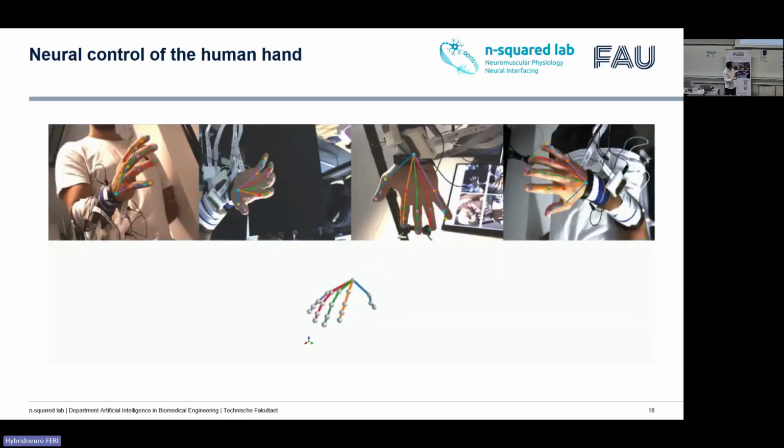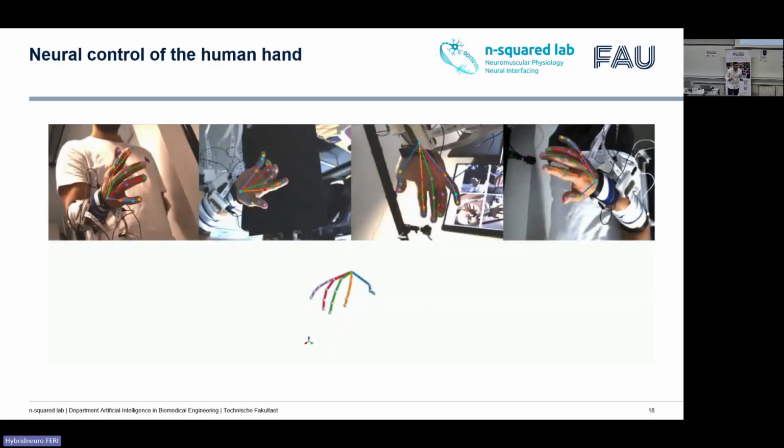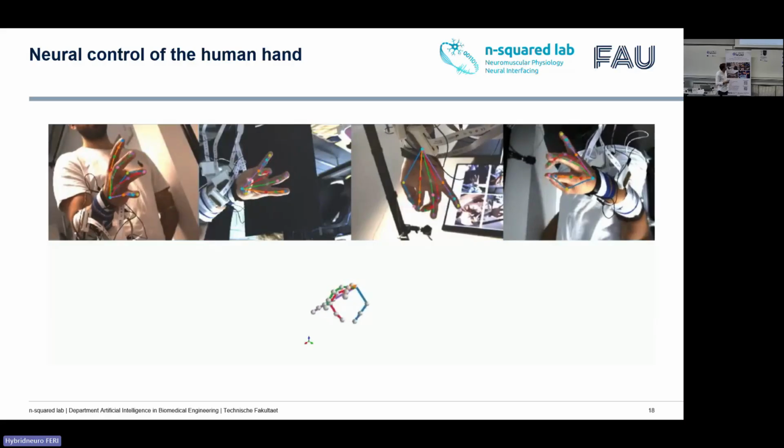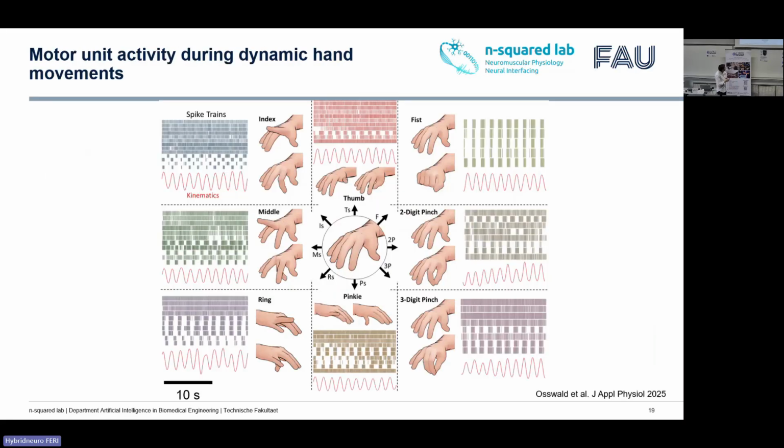And we basically recorded all possible tasks that the hand can do, from synergistic movement to equilibrium movement and so on. Then we decomposed the signal, and for each of these digits we have spike trains.